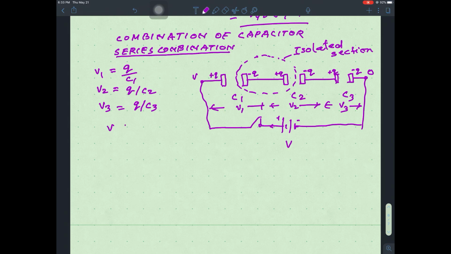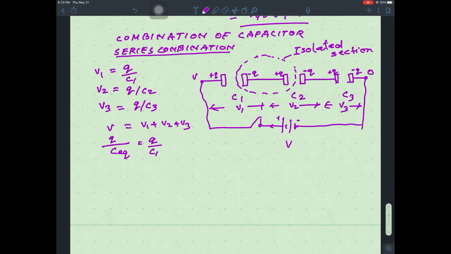So the potential drop V is equal to V1 plus V2 plus V3, that is Q by C equivalent. Equivalent capacitance means that if we replace all three capacitors by a single capacitor, the result will remain the same.